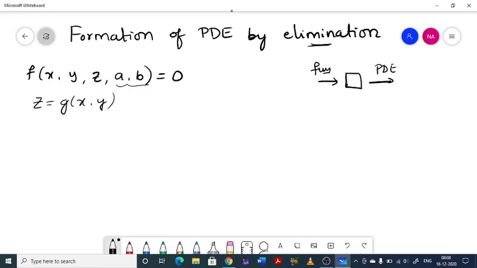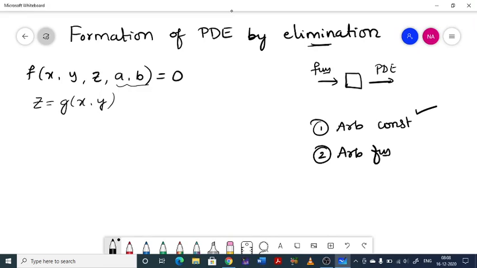So there are two types again in this. One is eliminating arbitrary constants. And second one is eliminating arbitrary functions. Sometimes instead of this you may be given with functions in different variables. In that case we have to use eliminating arbitrary function method.